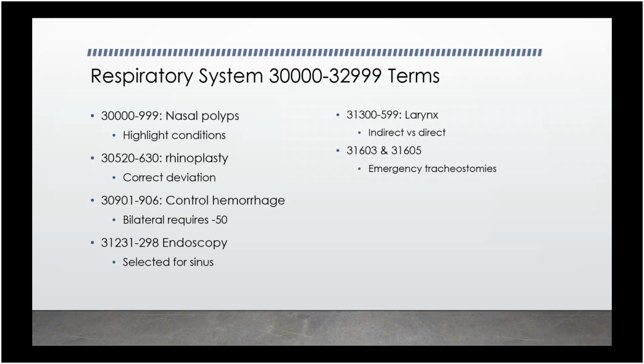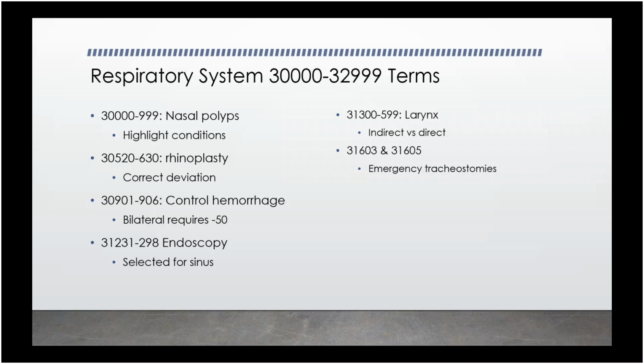30,520 through 30,630, that's your rhinoplasty. That's to correct any kind of deviation that you have going on. So you want to pay attention to what the deviation is, what they are repairing. 30,901 through 906, that's your control of hemorrhage for your epistaxis, your nosebleeds.